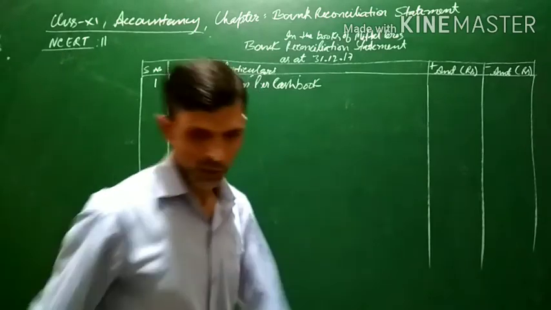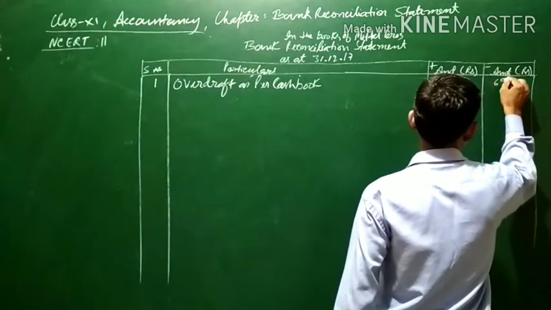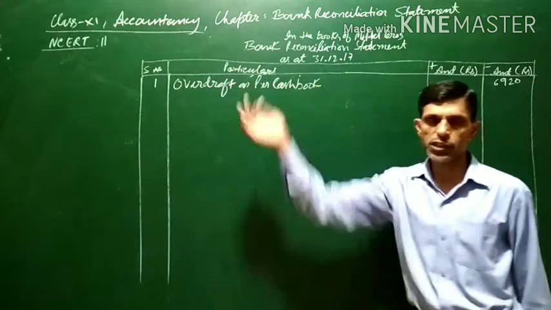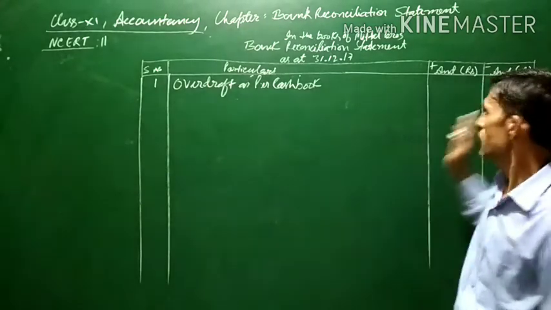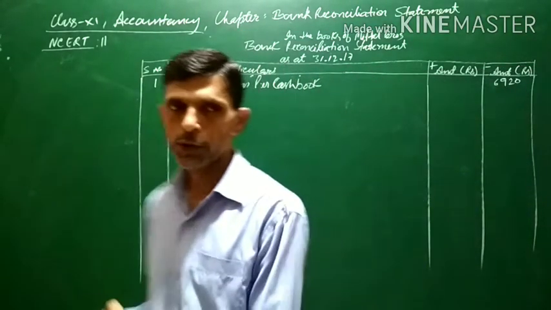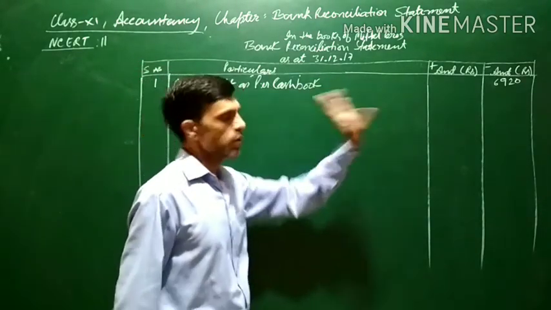The balance is 6920. If the balance is overdraft, that is negative balance or unfavorable balance, then it is written in the minus column. If the balance is overdraft or unfavorable balance, the amount will be written in the minus column, not in the plus column.